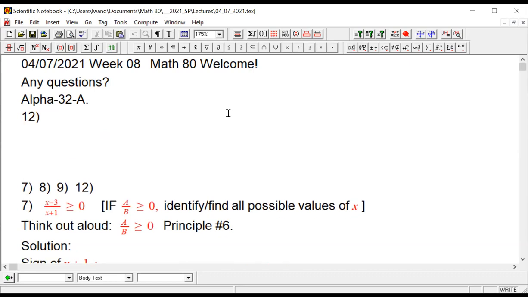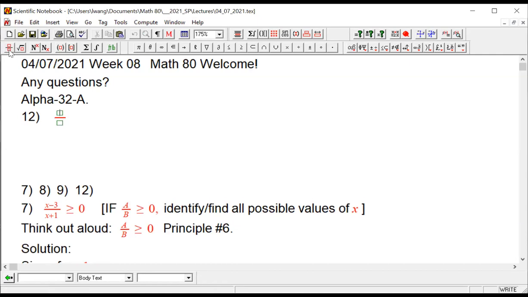So now we have all the tools, right? We have 2x divided by x plus 3, and we want that to be less than or equal to 1. We understand this is an if statement: if a quotient is less than or equal to 1.